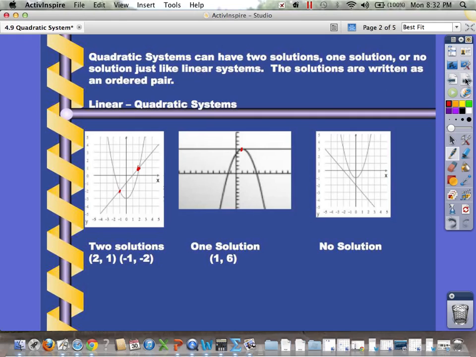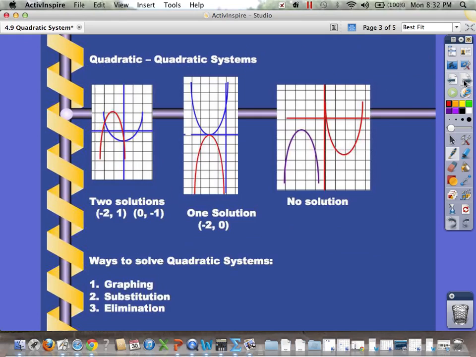That was for a quadratic and linear system. And now we're going to have quadratic, quadratic, where you have two parabolas. That can happen. You'll probably see these more than you will the other ones on any standardized test. This one intersects right here and intersects right here. Now, I'm talking about where the two parabolas intersect, not where they cross the axis.